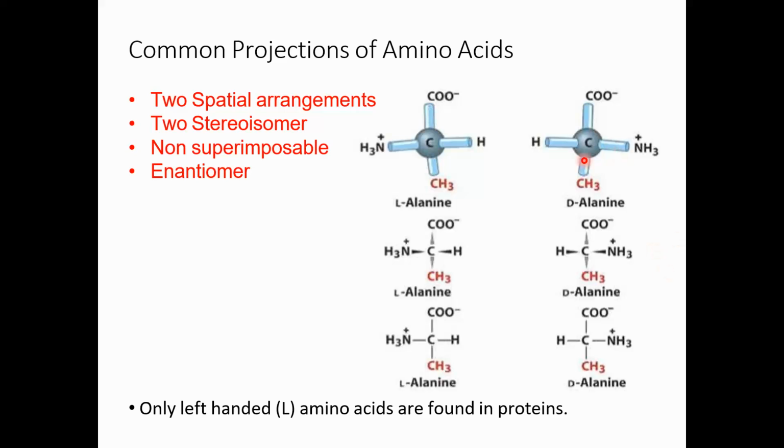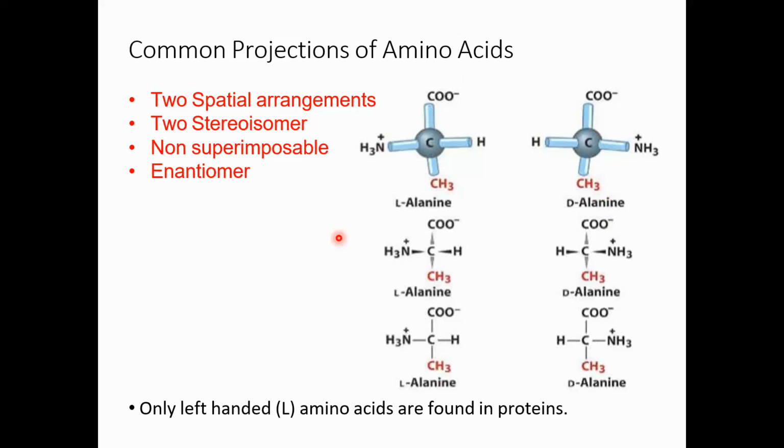What is isomerism? When different atoms are arranged in space around a central atom in different ways, we say it is isomerism. Because of this chirality, an amino acid has two stereoisomers, or two spatial arrangements: one is the left-handed amino acid and one is the right-handed.